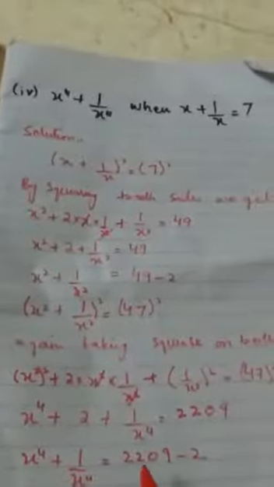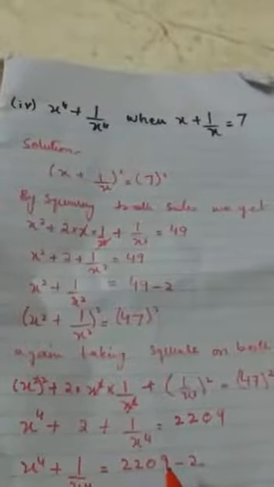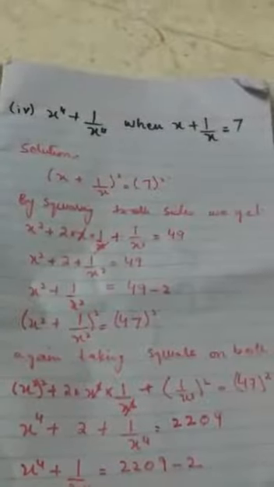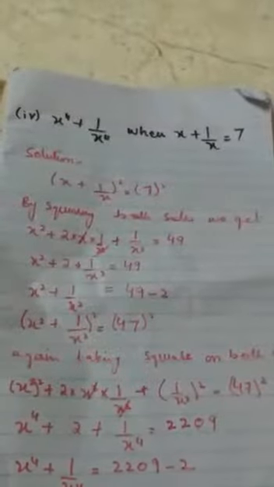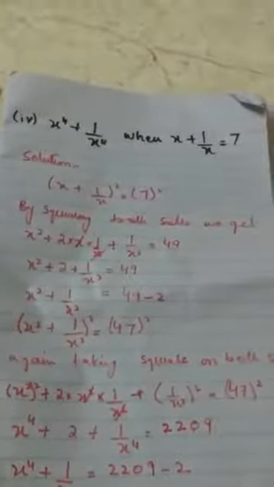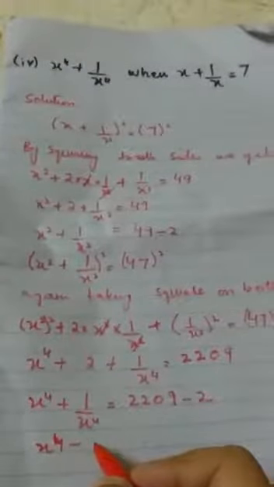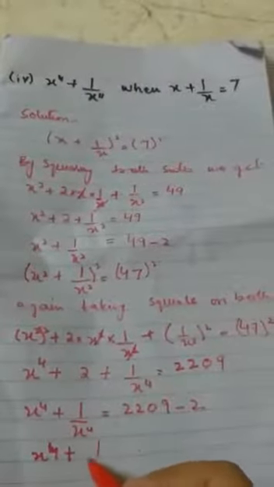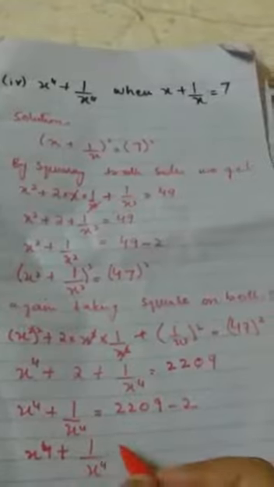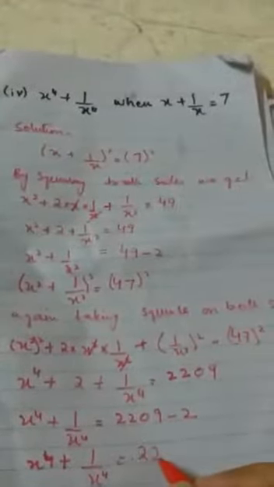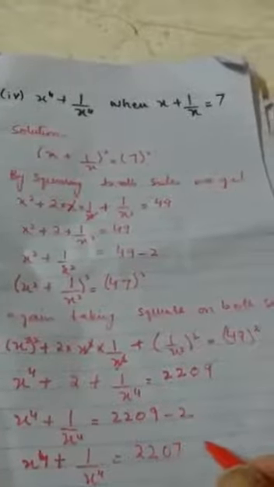And then 2209 minus 2 is 2207. That is how we get the result.